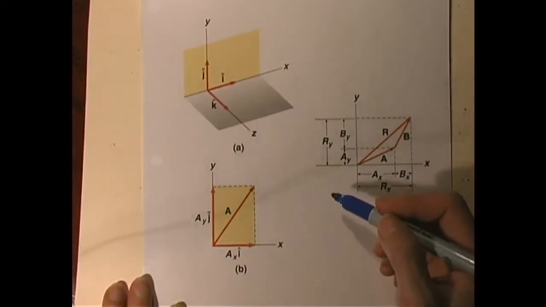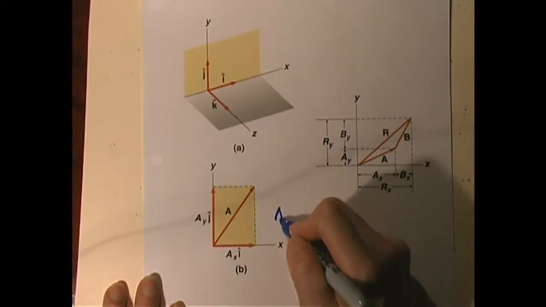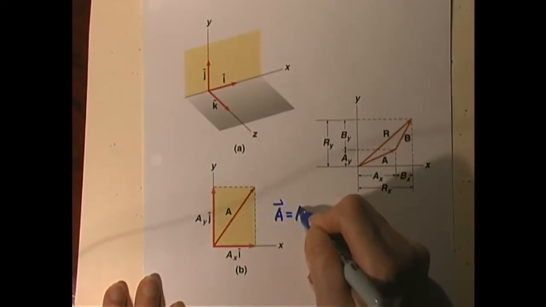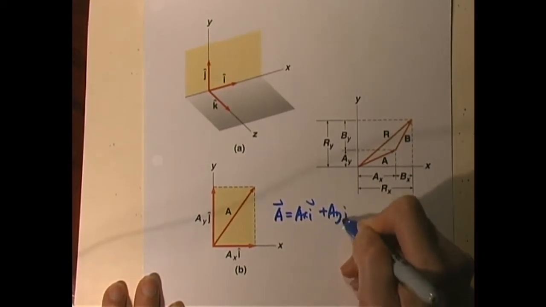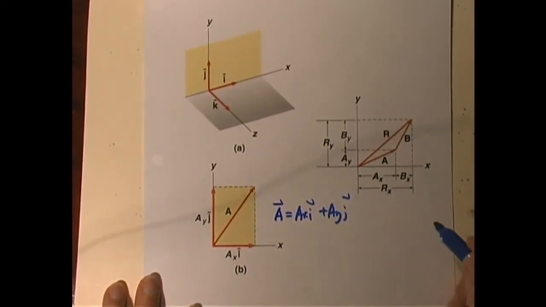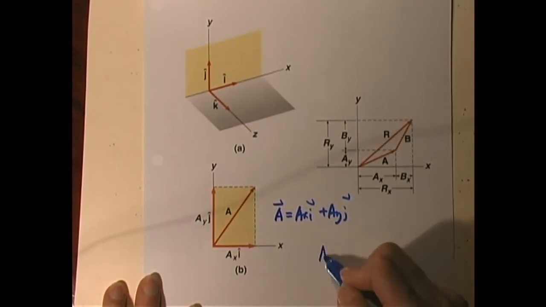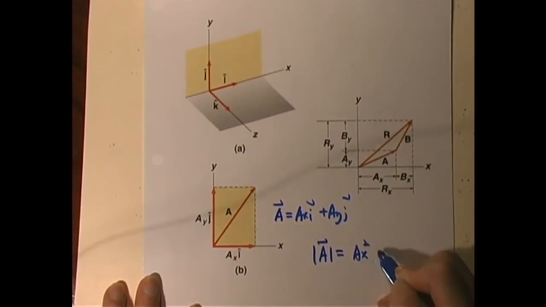So if we are given something like that, we say A equals Ax i plus Ay j. If we want to know the magnitude of this vector A, obviously that is the square root of Ax squared plus Ay squared.